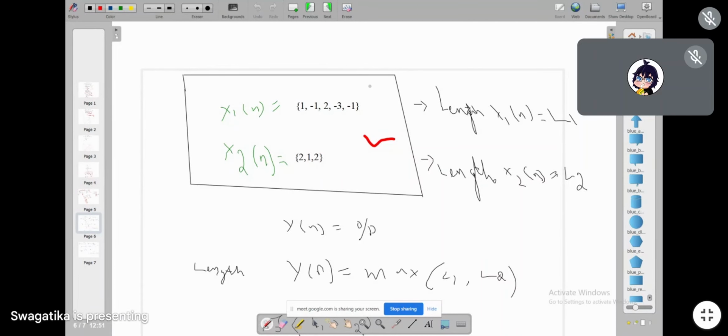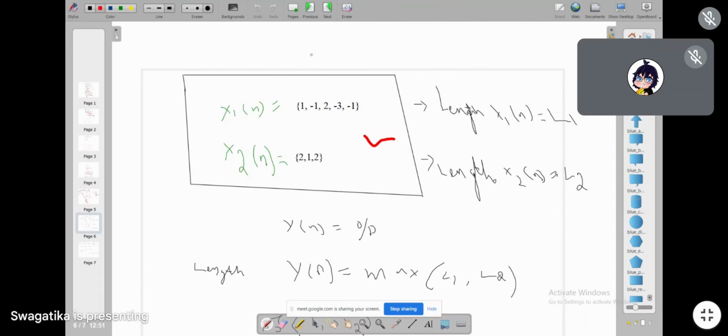Okay. So if I will write the program for the circular convolution. To make this length equal, you know what command you have to use. Yes or no? First you will go for length of x, then length of y.